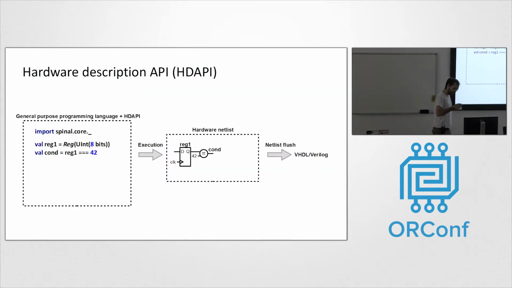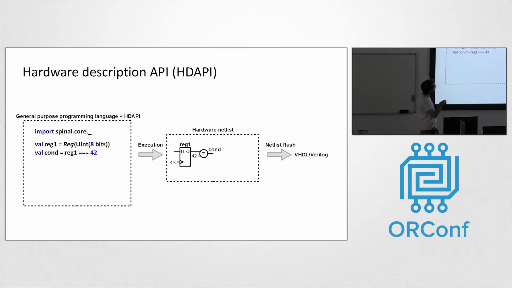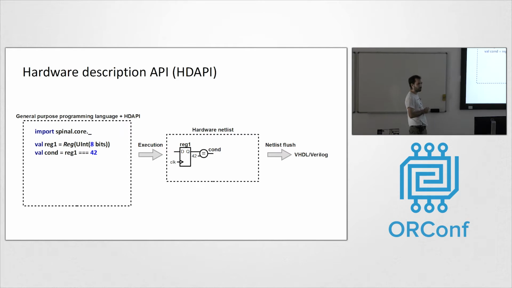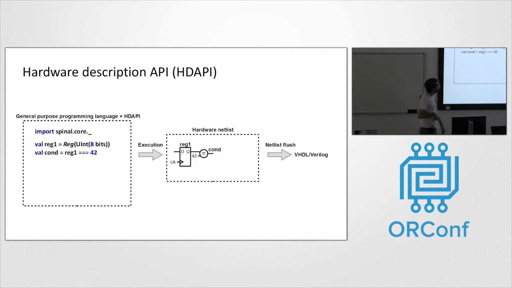So the idea is of a hardware description API, I name it like this. You use a host programming language, a general purpose programming language like Scala, plus a hardware description API, so a Scala library, for instance Chisel or SpinalHDL. You write some Scala code which uses some aspect of the hardware description API. For instance, here it's saying that I want a register named reg1, which is an 8-bit UInt, a Reg.